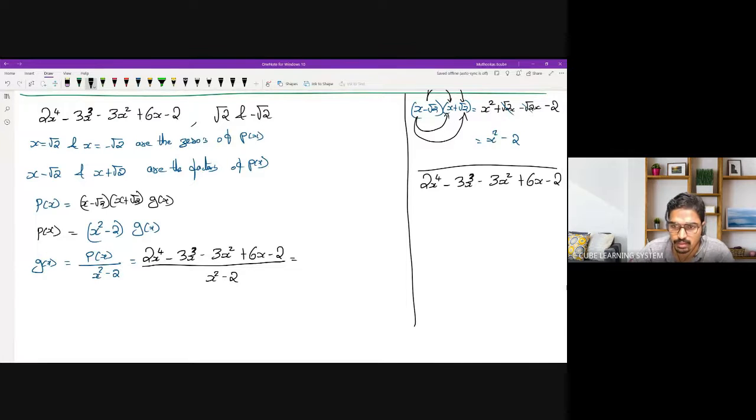Divided by x square minus 2, we should convert into standard form for division.